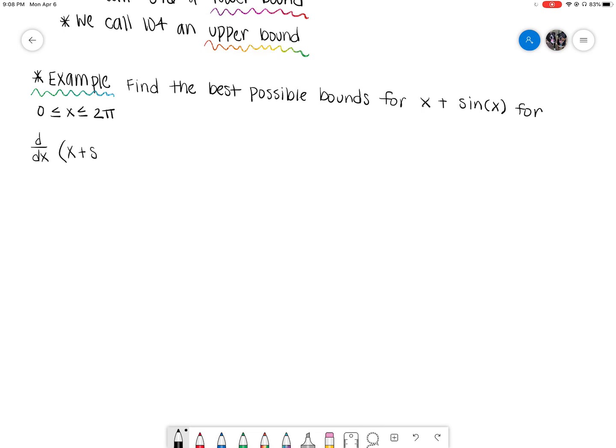The derivative of x plus sine of x is equal to 1 plus the cosine of x. Set that equal to 0. That means cosine of x needs to be equal to -1. Where does that happen on the interval from 0 to 2 pi? Well, it turns out that happens when x is equal to pi.